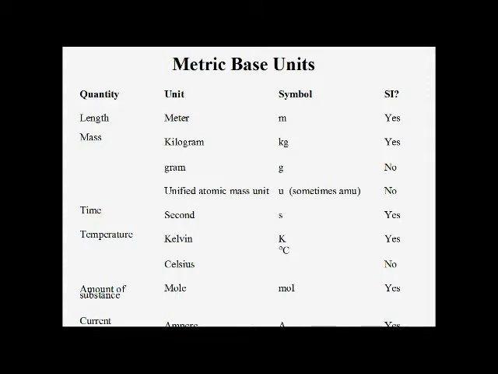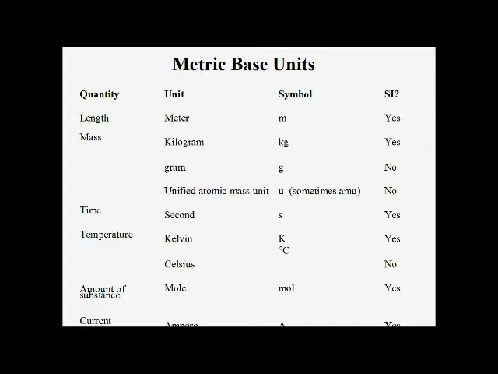Kilo means 1,000, so a kilogram is 1,000 grams. Kilo's symbol is k, gram is g, so kilogram is kg. This is the SI unit for mass. The atomic mass unit, abbreviated u, or in the American system more often amu, is also considered to be a metric unit, but it's definitely not an SI unit.